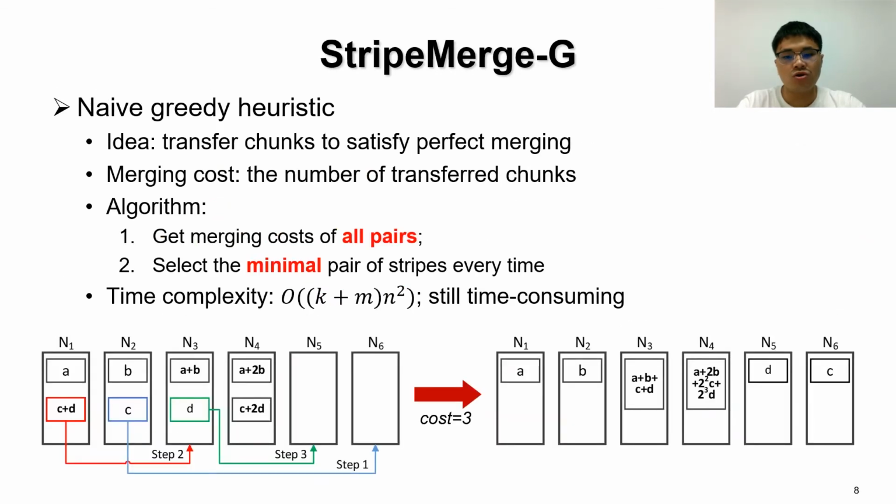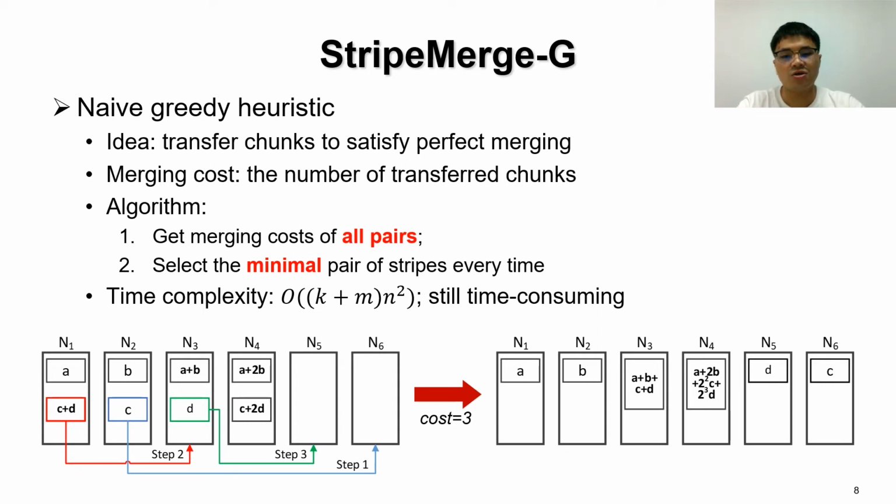Okay, so time complexity seems like a major concern, but how about trying another way? We decide to start with a naive greedy heuristic. We found that actually we can transpose chunks to satisfy perfect merging. And then you can get the merging cost of a pair of stripes.